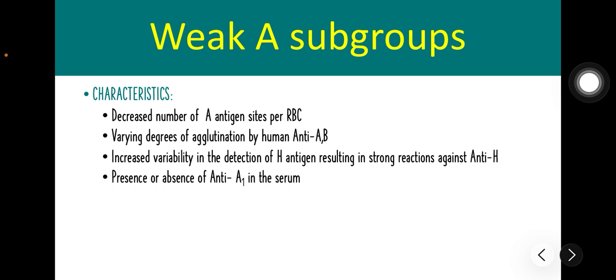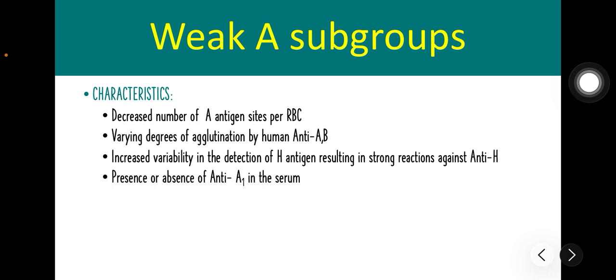These rare genes produce a less efficient enzyme, or glycosyltransferase, that struggles to attach the A sugar to the H antigen foundation. Because so few A antigens are created, the cells are left with an abundance of unconverted H antigens, often as many as group O cells.